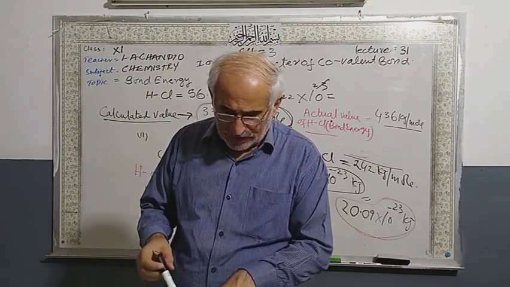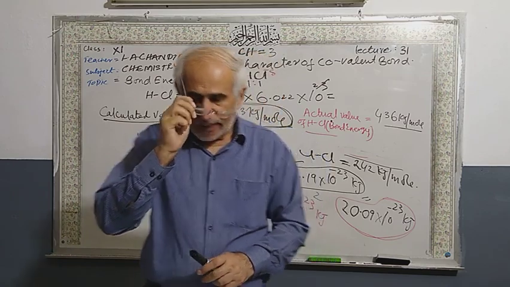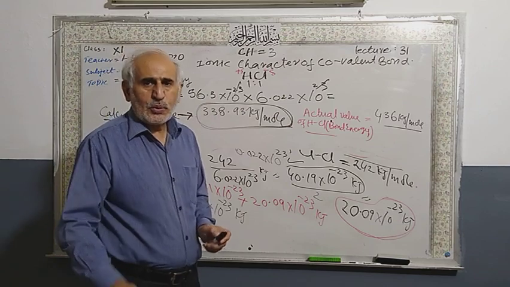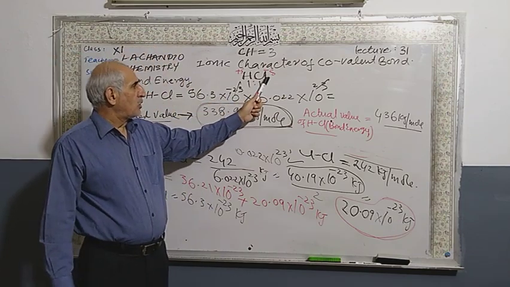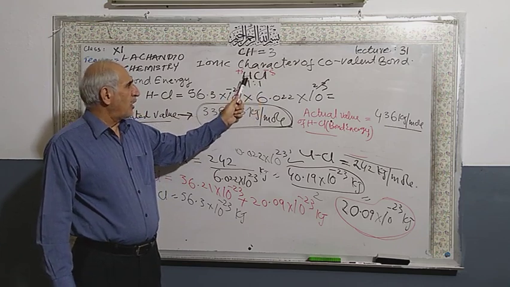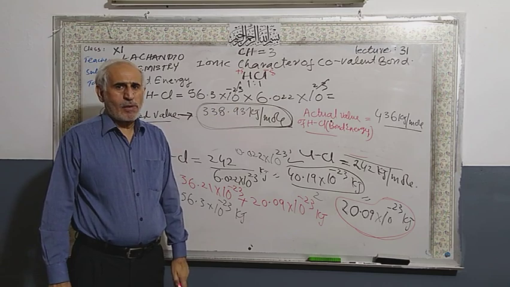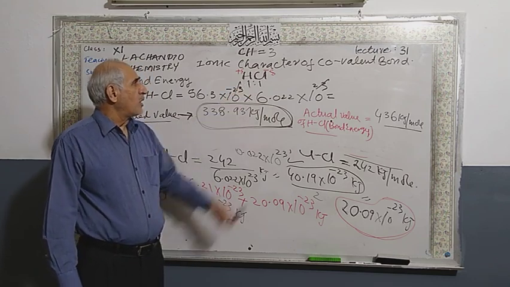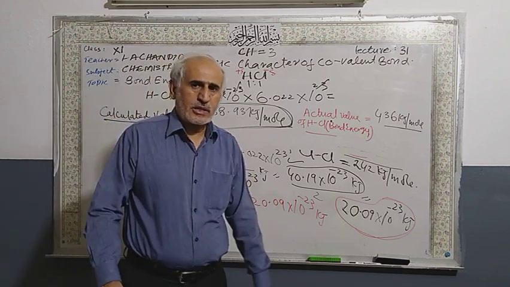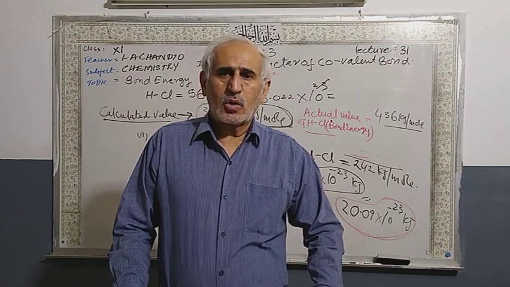The amount of additional bond energy depends on the electronegativity of the two bonded atoms. Already I told you, 3 and 2.1, a 0.9 difference. So this 0.9 difference shows that a partial positive charge is on the hydrogen end and a partial negative charge is on the chlorine end.